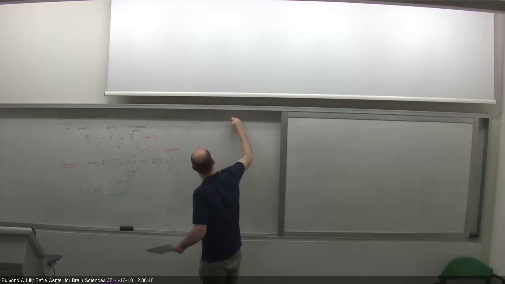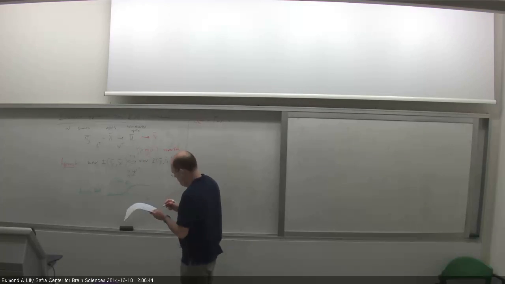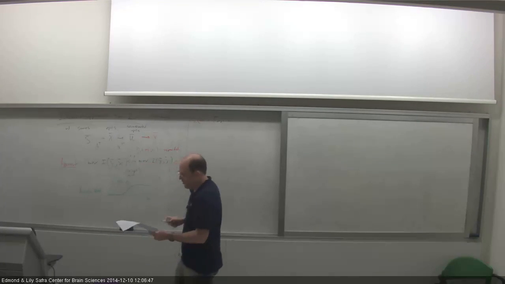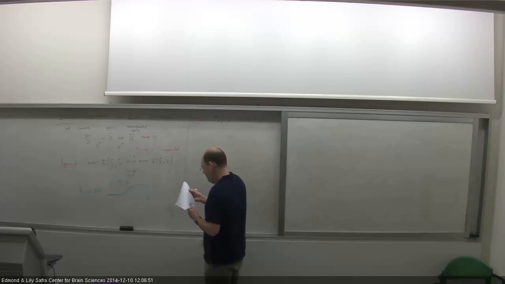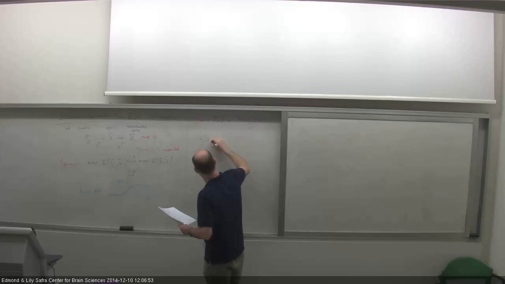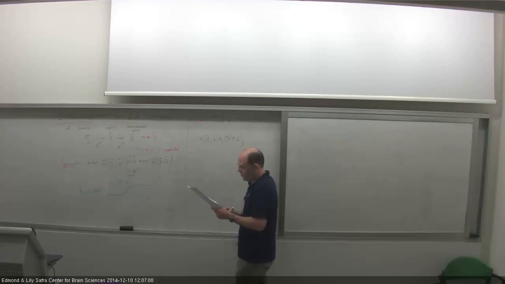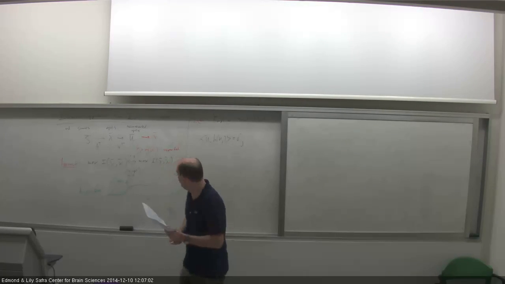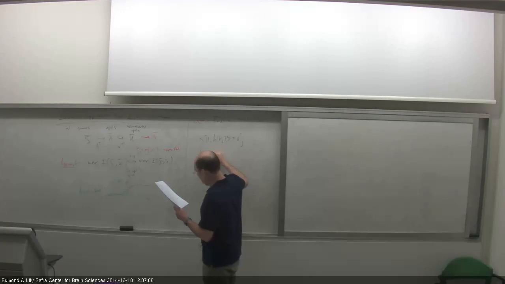Find a W such that the expectation of ui h of uj is delta ij, where the function h of u is related to g of u by the following equation. It's minus d/du of log g prime of u.